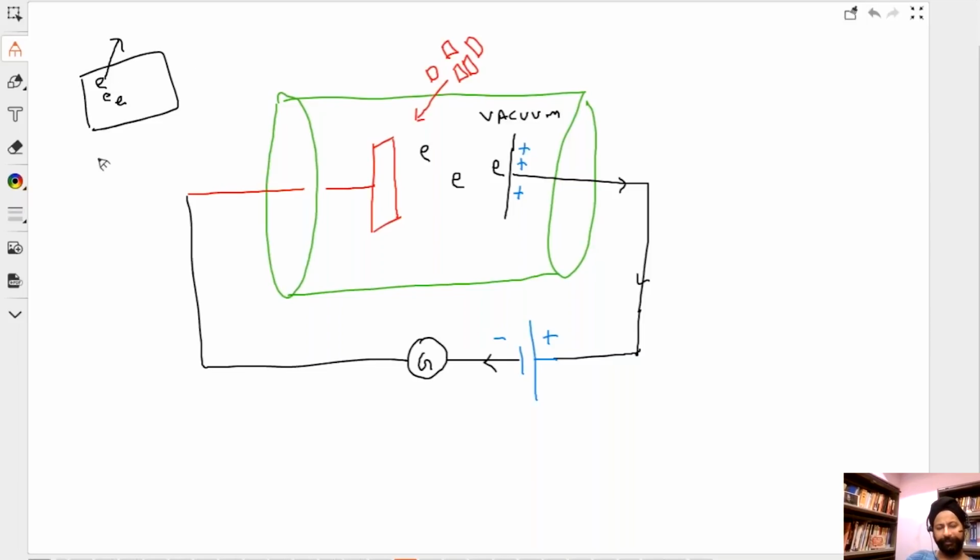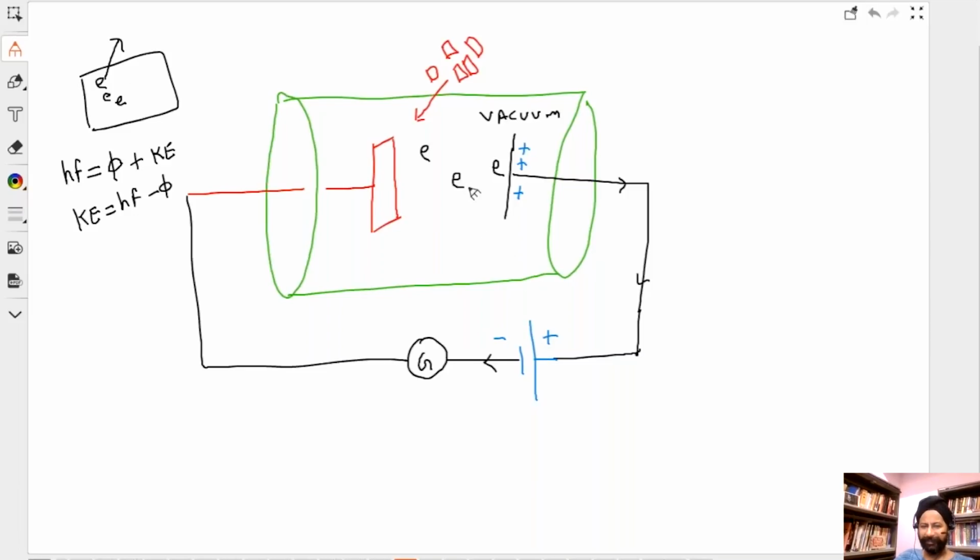How much kinetic energy? See, hf was the energy I was giving it, which was equal to what is used up by the work function plus the kinetic energy. So kinetic energy is equal to hf minus the work function, but this is the maximum kinetic energy, that is key, right? Weaker electrons will have less kinetic energy. So they might stop here.